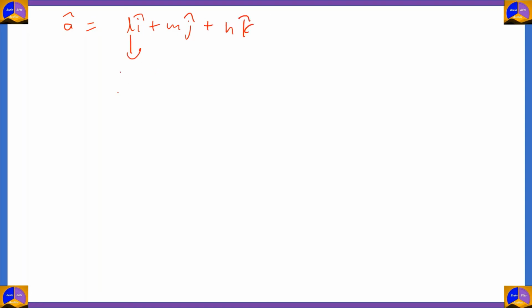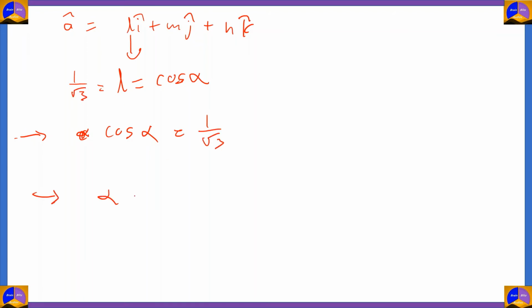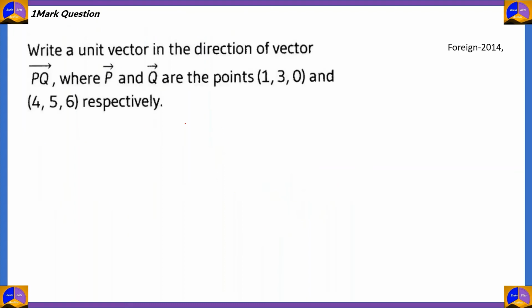L, which is the x component, is cos of alpha. Now over here, we know the value of L. So cos of alpha is equal to 1 by root 3. Therefore, we can write alpha as cos inverse of 1 by root 3. And that is our answer. Simple, isn't it? Let's move on to the next question.